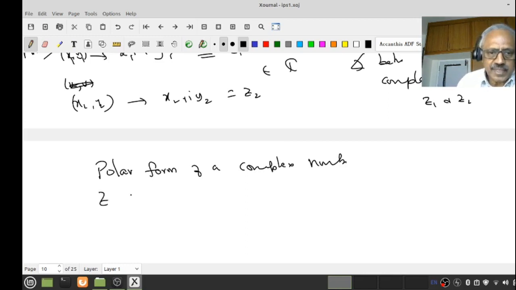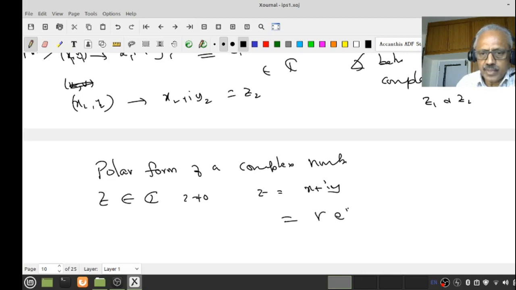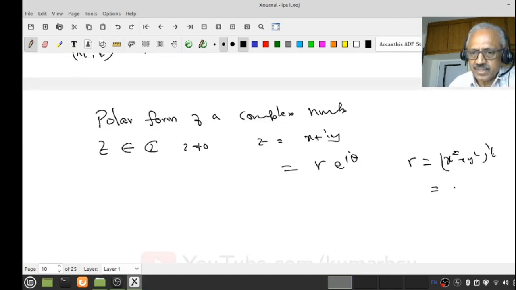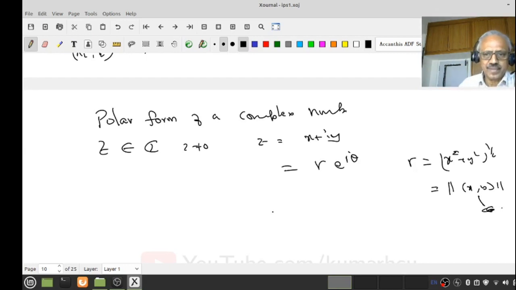If you give me a z which is non-zero, z = x plus iy, then I can write it also as r e power i theta, where r is (x squared plus y squared) to the power half. Notice that this is nothing other than the length of the vector (x, y). The length is of course a real number. Do all of you understand this?